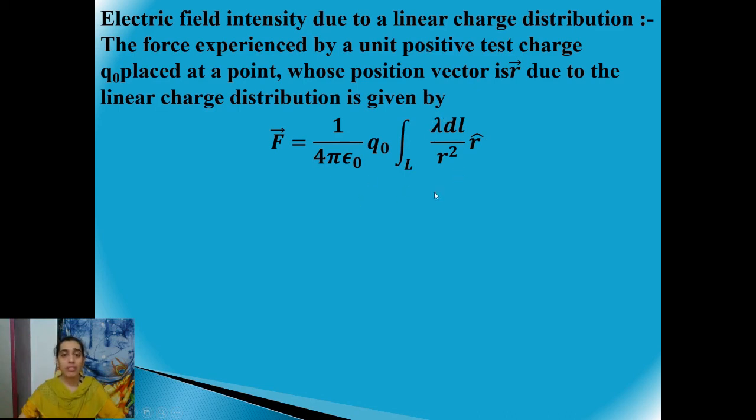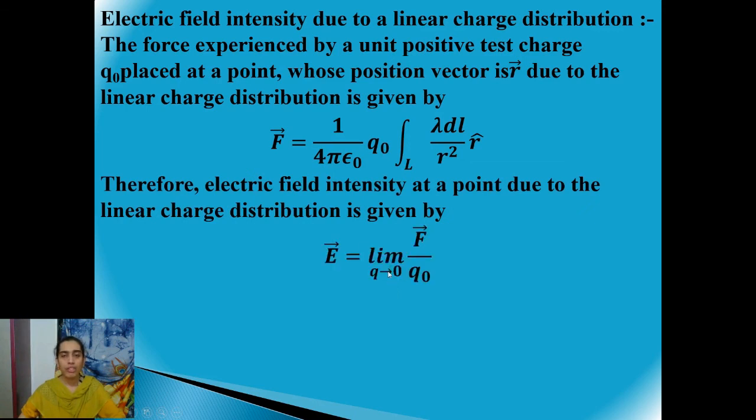Now using this, we can also write an expression for electric field intensity due to this linear charge distribution. By the definition of electric field intensity, we can express vector E as limit of vector F divided by q naught as q tends to 0.